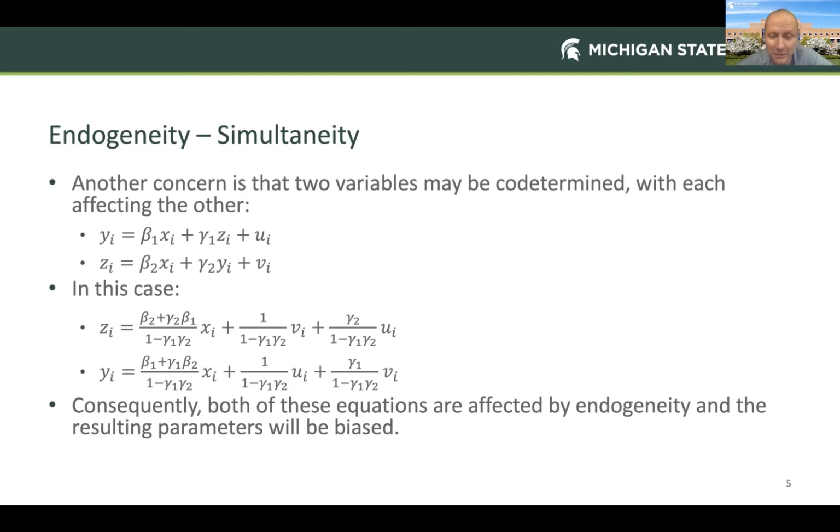But basically, what we'll tend to find in this scenario is if we try to use ordinary least squares, neither of these models will be correctly estimated. They'll both have concerns with endogeneity. And our inferences as to beta 1 and beta 2 and gamma 1 and gamma 2, for example, here, may all potentially be biased, okay?